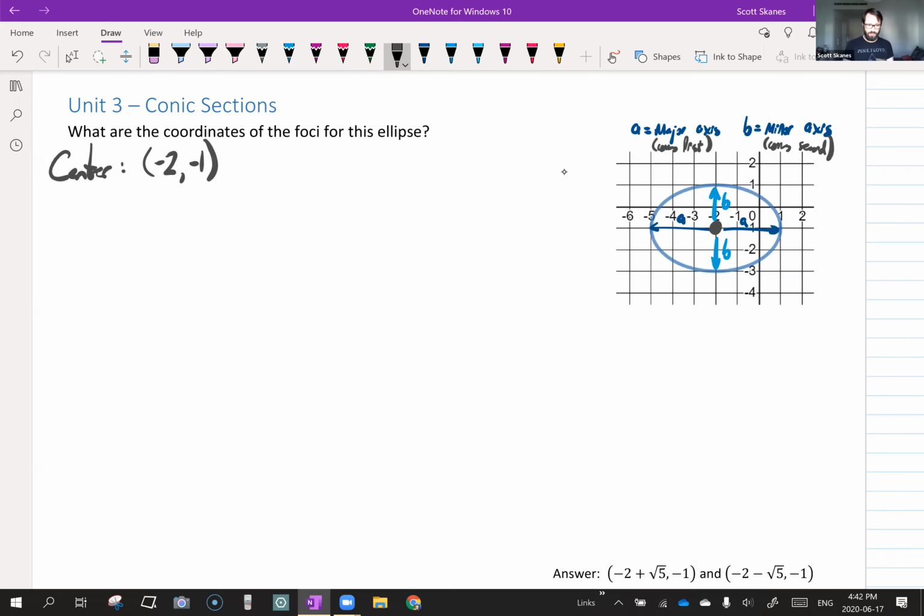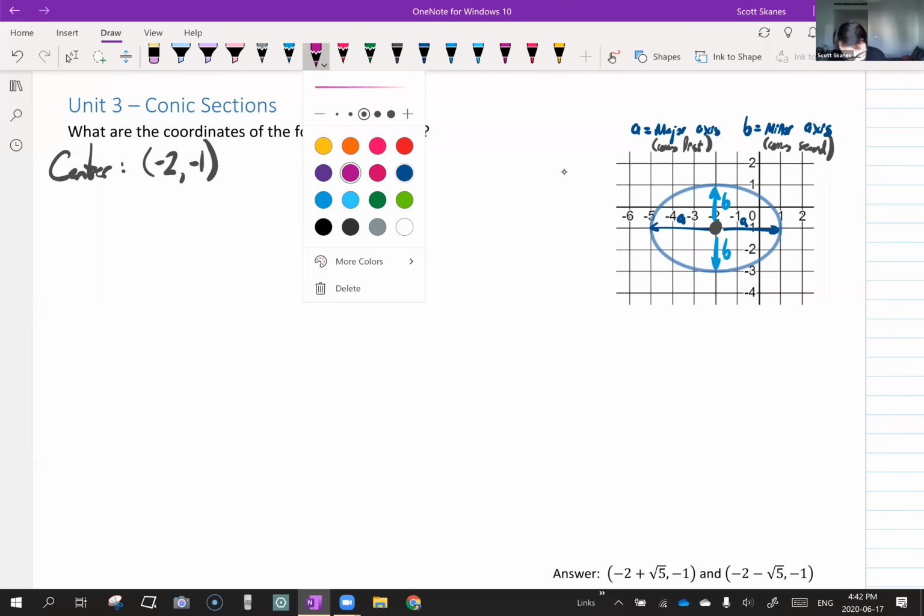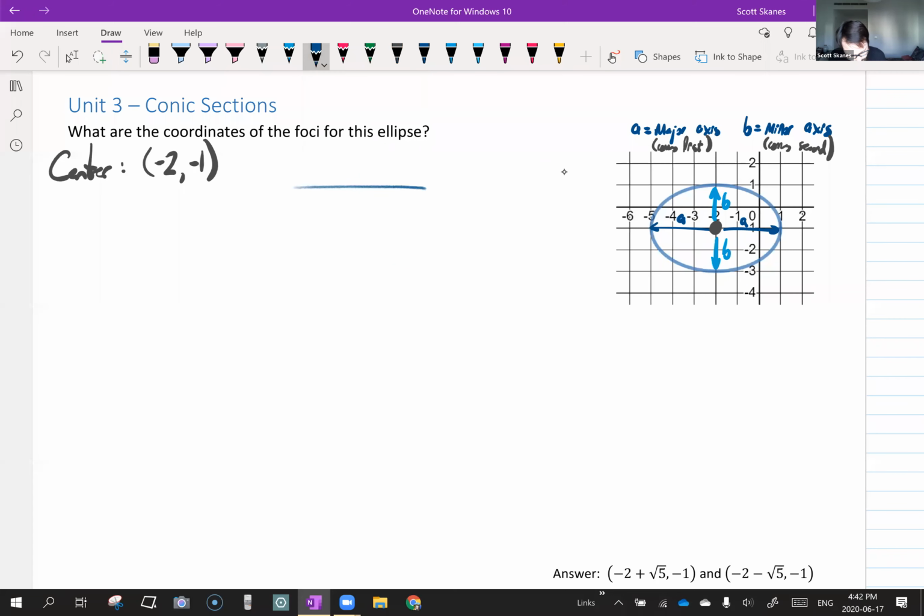Okay? And let me draw you a little picture here. You should know that if we have our center down here, and we have our axes like this, or minor and major axes, if our center is in the middle, our focus is going to be somewhere over here, and it's going to be some distance, c, from the center.